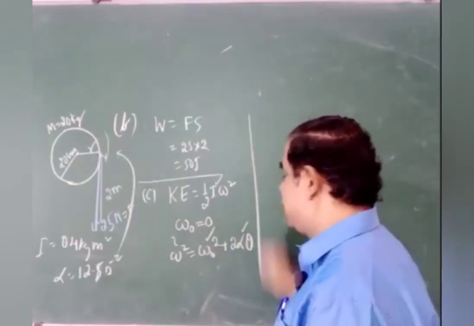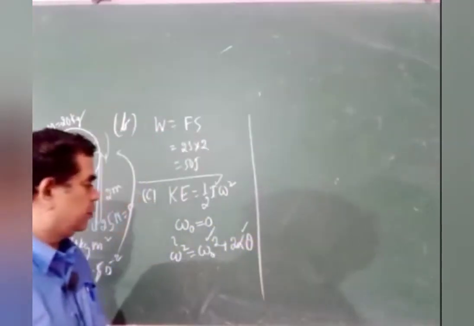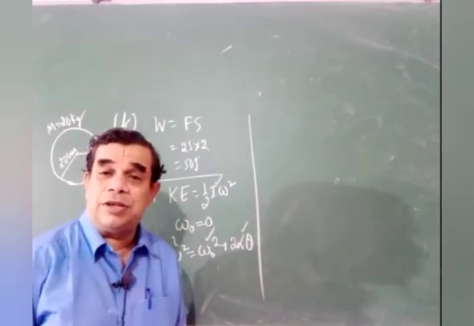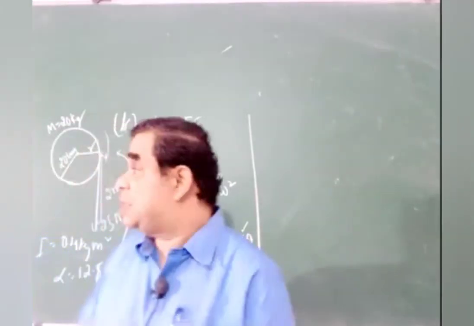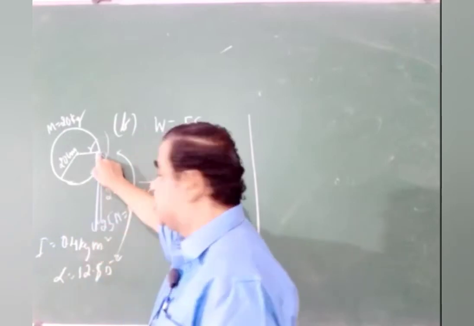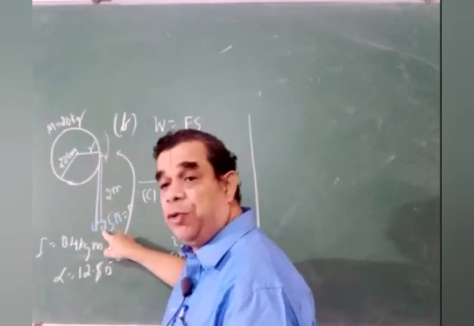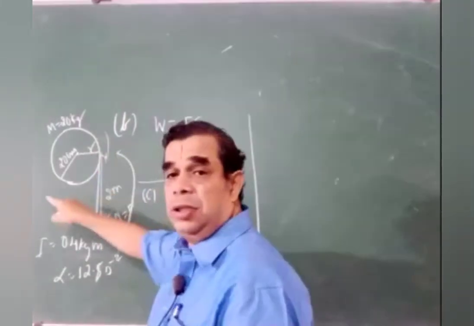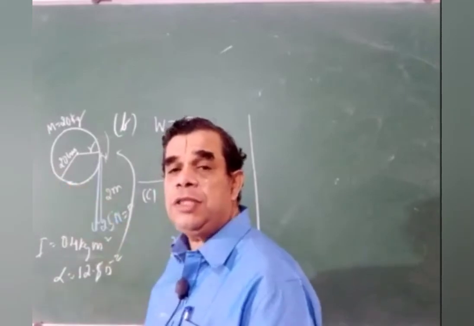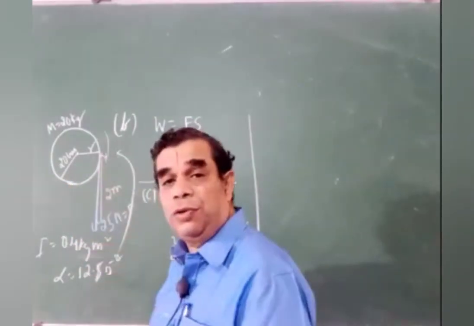So how to go for theta calculation? That's what we want to do now. Just observe. Is there any method to calculate theta? Theta means what? That we want to learn. When this string is at this point, it has just started to be pulled. Then how much theta is covered when it moves through 2 meters?